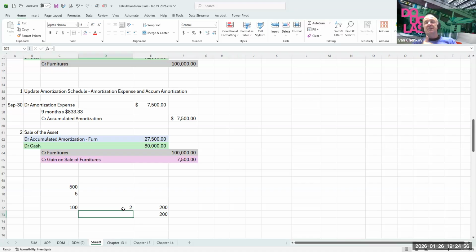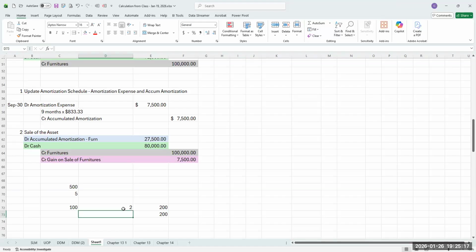So now process it slowly and start increasing the speed of the calculation. Okay, use simple numbers. Use very small numbers. Work with 100. 100 over 10 years. How much is amortization per year? 10. Use it for 9 years.